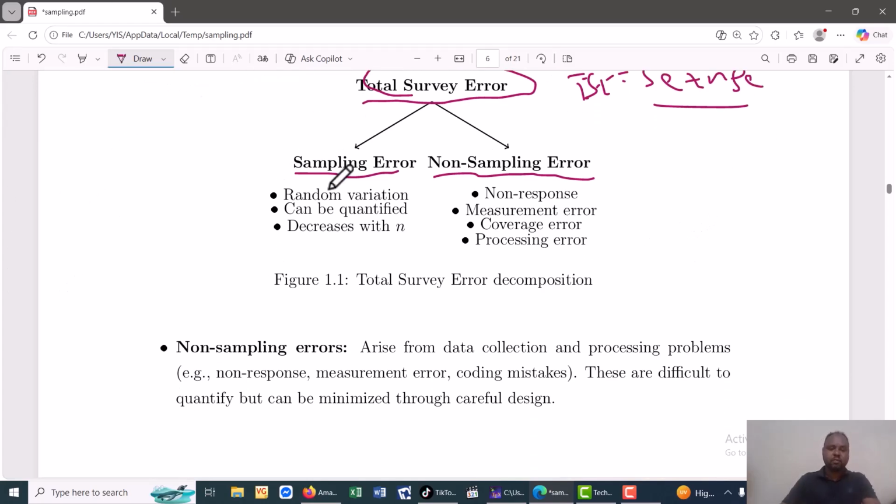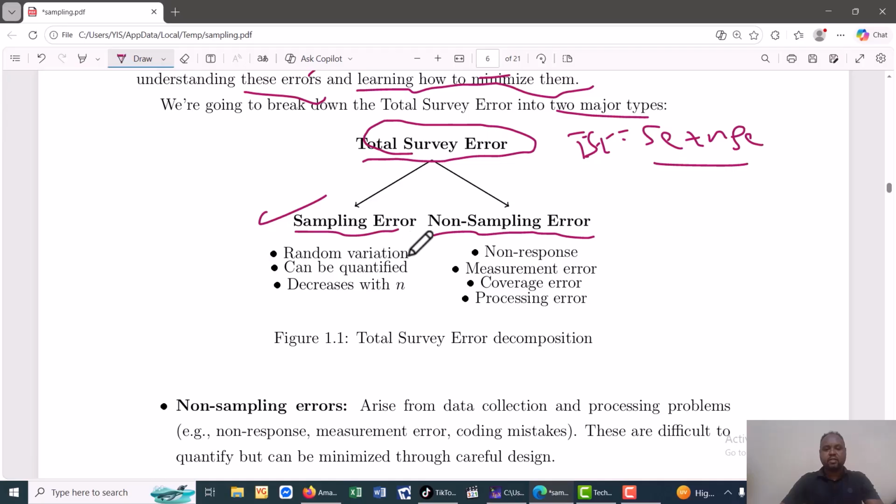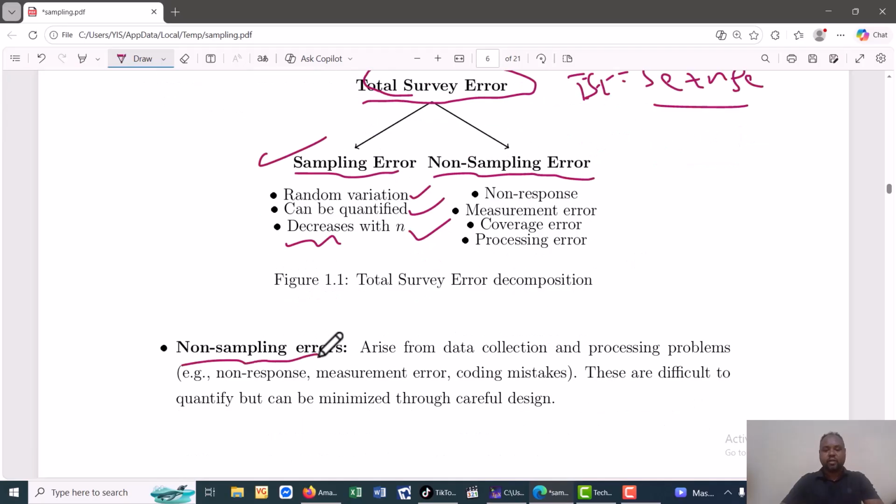So what does it mean when we say sampling error? Sampling error is nothing but error which is created due to considering a sample instead of the whole population. This error is random variation, can be quantified, and generally decreases as n increases. Whereas non-sampling errors arise from data collection and processing problems.